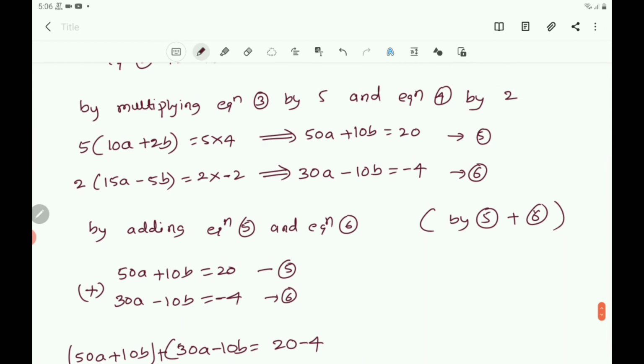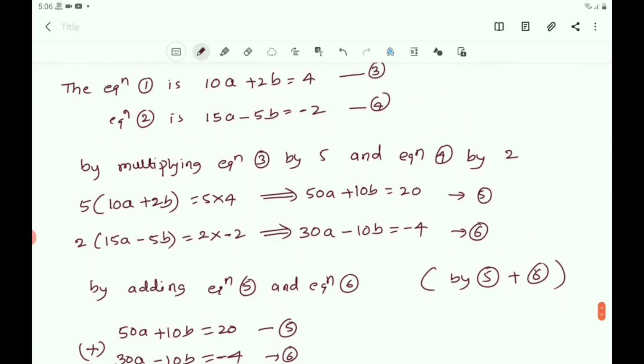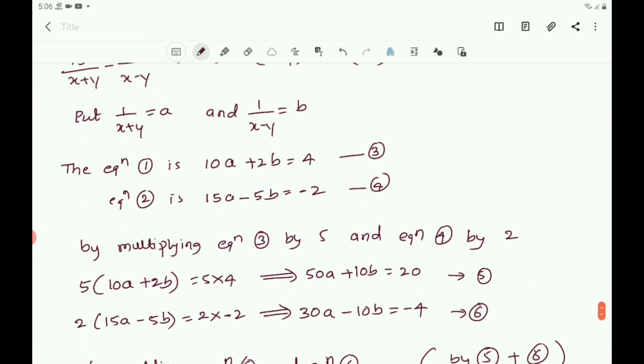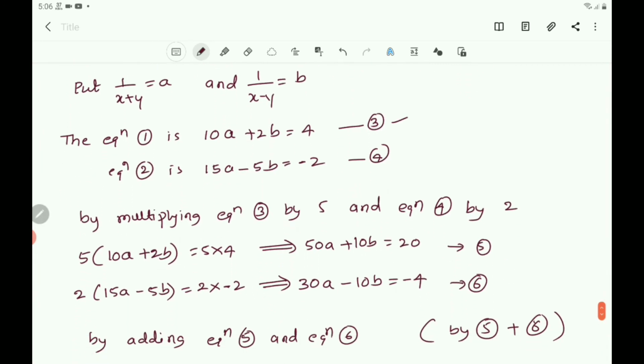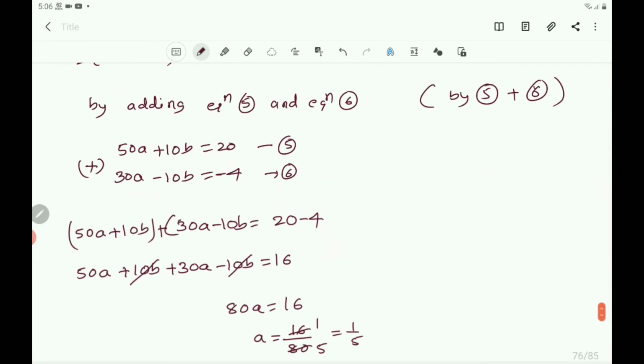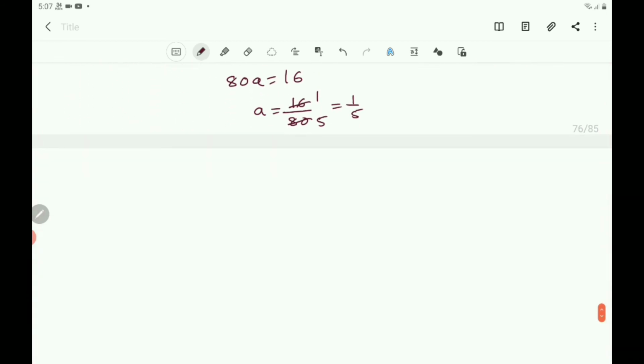To get the value of b, substitute the value of a in the third equation, that is 10a plus 2b equals 4, by substituting a equals 1 by 5 in equation 3.